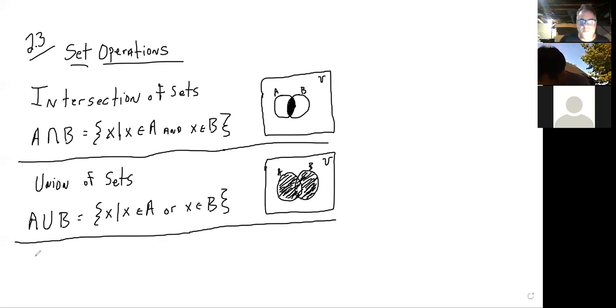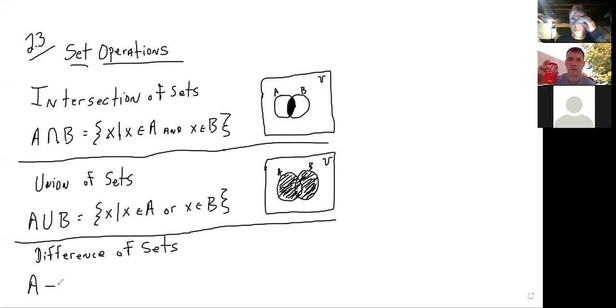Right? Difference of sets. All right, so here we hear the word difference. We do think subtraction, and it looks like a subtraction symbol. So when you see this, we know we're dealing with the difference of sets.